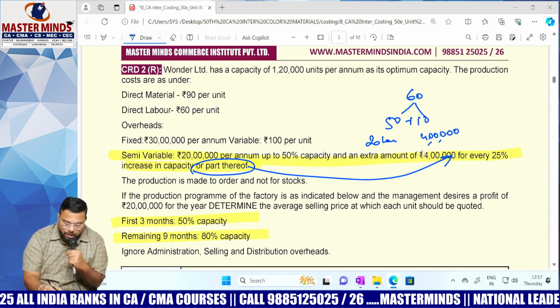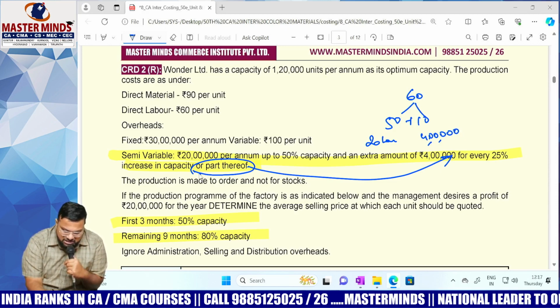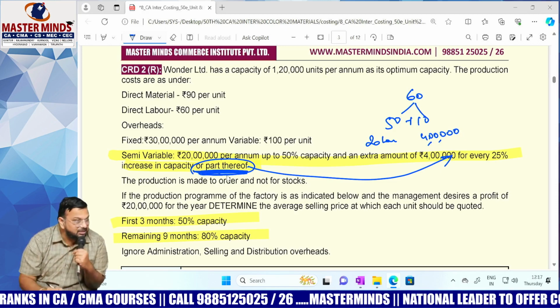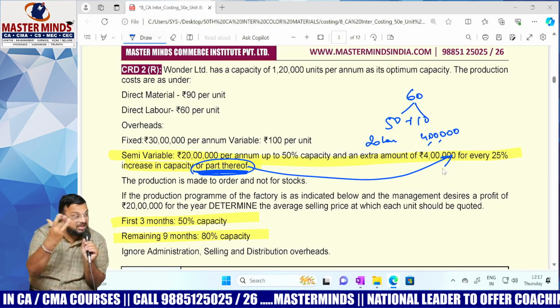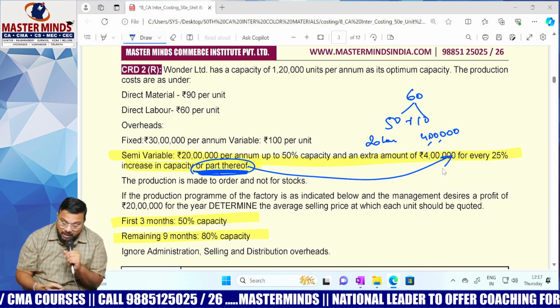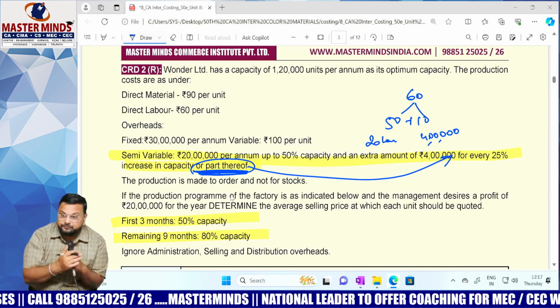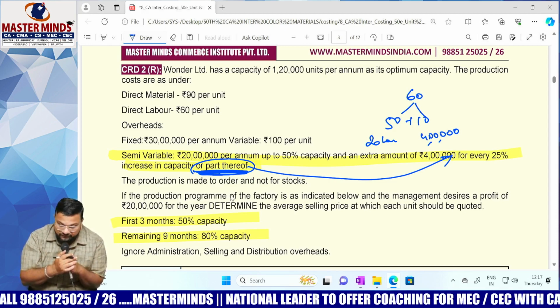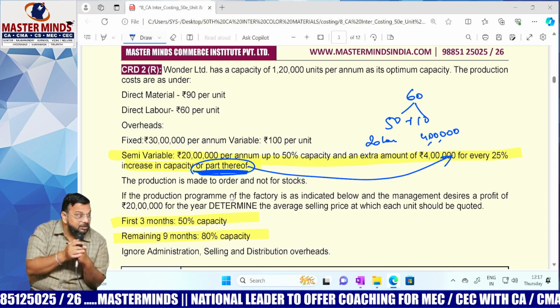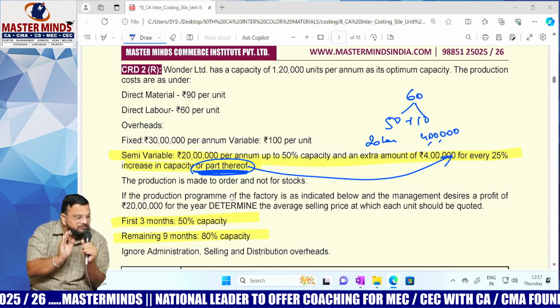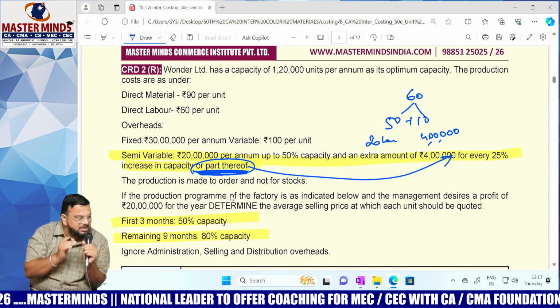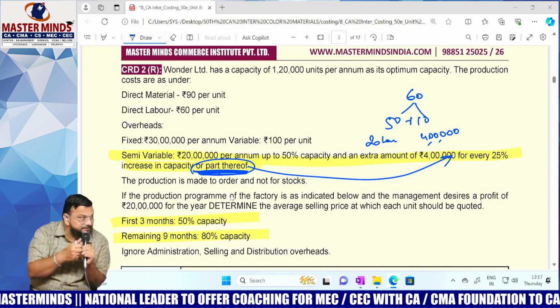Understood, Nana? Now, if I change the position of this part, Nana, and I place it here, then the entire thing will change. That means what? And an extra amount of 4 lakhs or part thereof, for every 25% increase in capacity. So that is 25% only, we will charge 4 lakhs. If it's 20%, then we'll apply it on pro rata basis.